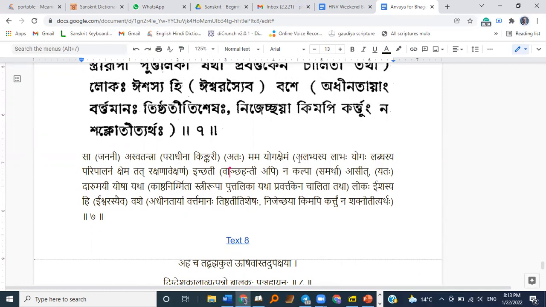She wanted to give me what I didn't have. And labdhasya paripalanam kshema tat rakshana avekshanam. She wanted to protect what I had. So even though she was desiring such yoga kshema, na samartha asit. She was not capable of it. She couldn't afford it.